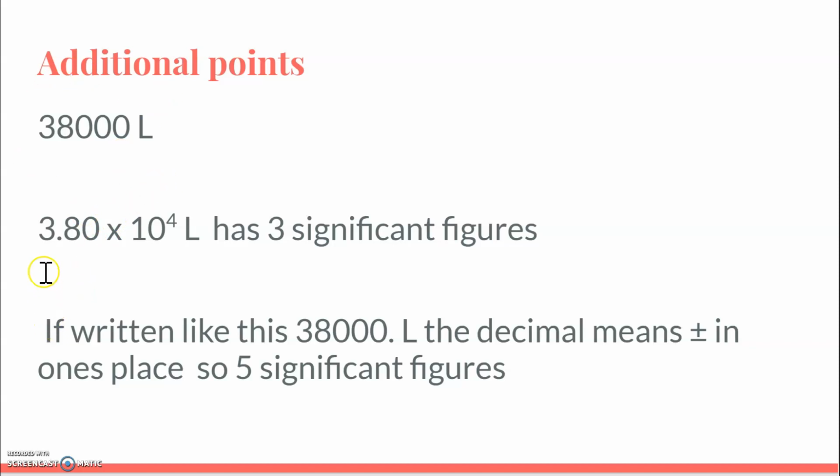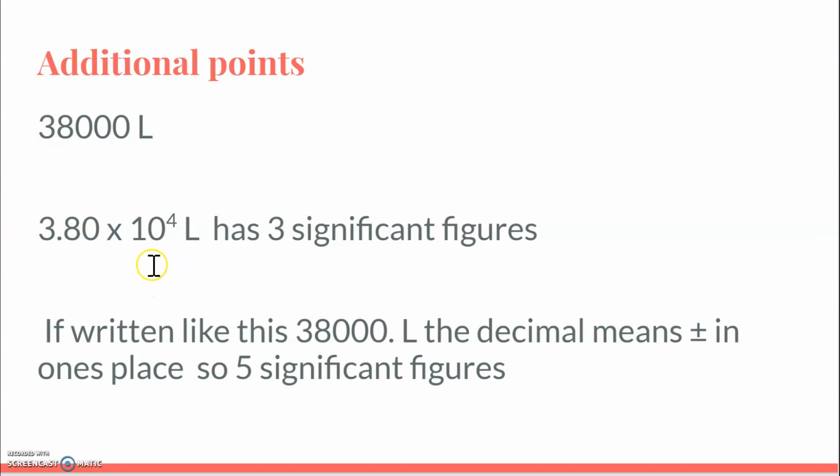So if I write this number as 3.80 times 10 to the fourth liters, I am telling the reader there are 3 significant figures. Note, I do not worry about this 10 to the fourth. I'm not going to count that, just the numbers in front. So this is a way to write this number to tell the reader there are 3 significant figures.